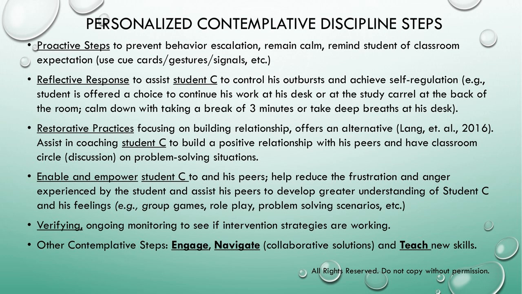So maybe the teacher can have a kind of classroom meeting, a classroom circle, where they discuss these kinds of behaviors. Not only the behavior of student C, but also the behavior of other students, or create a situation and they try to solve that problem as presented to all of the students.